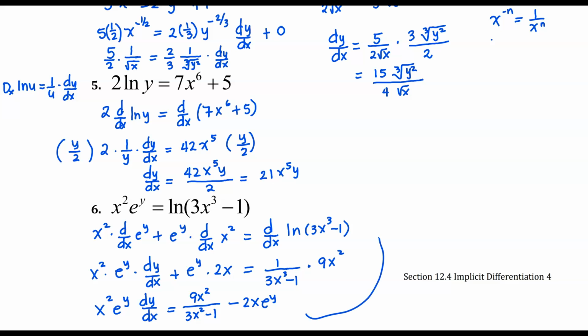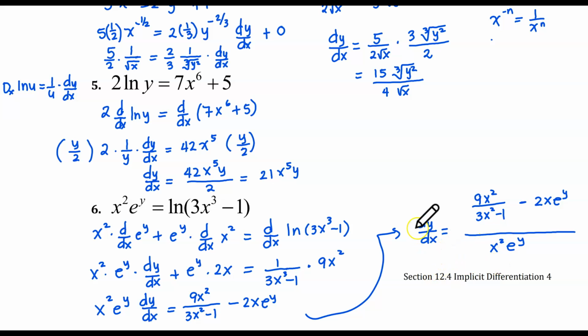Now as our final answer, dy dx is equal to, now we don't simplify it. It's okay. You can input your answer like this in MyMathLab. So you have your numerator is 9x squared divided by 3x cubed minus 1 minus 2x e to the y all over the expression here, x squared over e to the y.